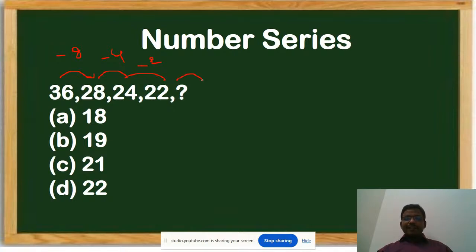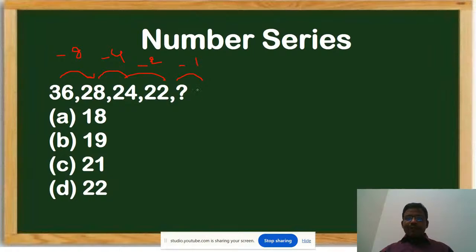So the next difference is how much? 8, 4, 2. For 8, 8 by 2 is 4. For 4, 4 by 2 is 2. For 2, 2 by 2 is 1. Good.